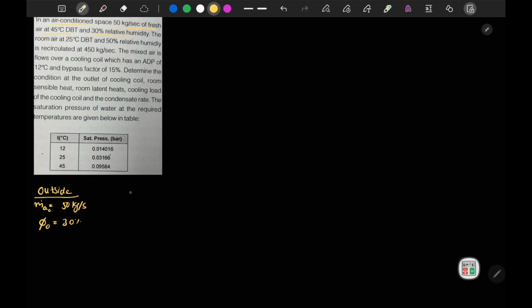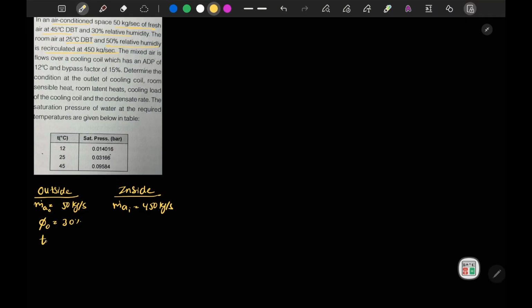Now for the inside condition, the room air, the inside condition is given as m dot AI is equal to 450 kg per second. It is given here, recirculated 450 kg per second, 25 degrees Celsius DBT and 50% relative humidity.